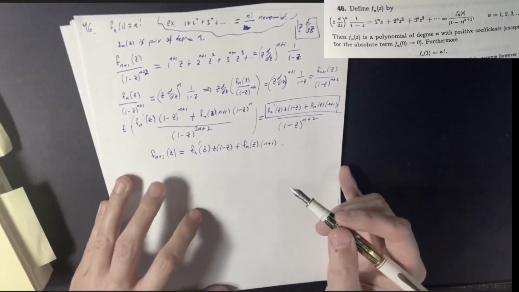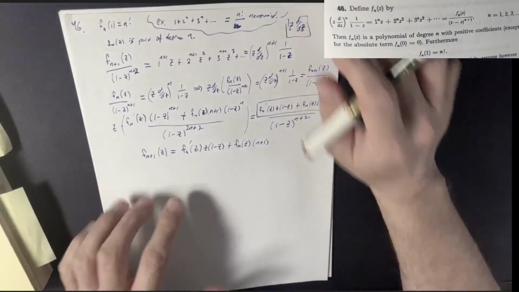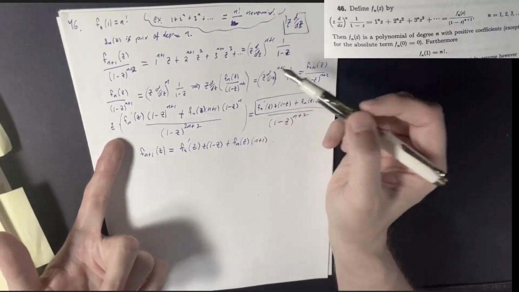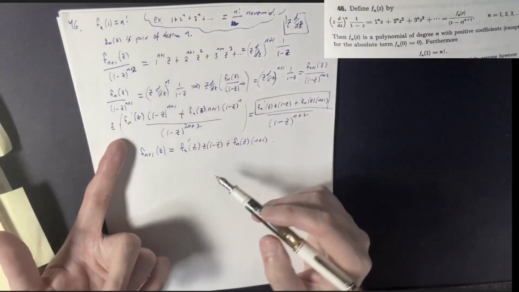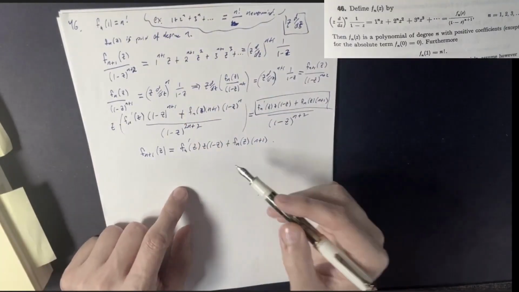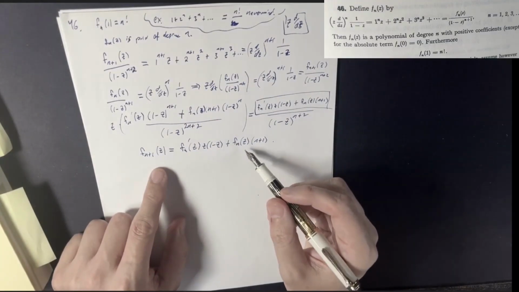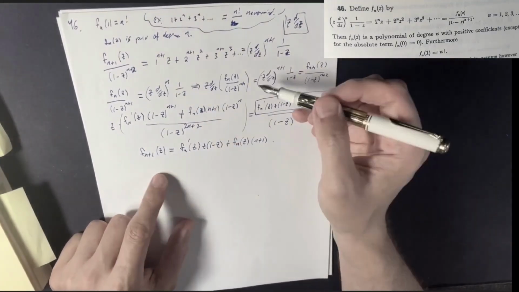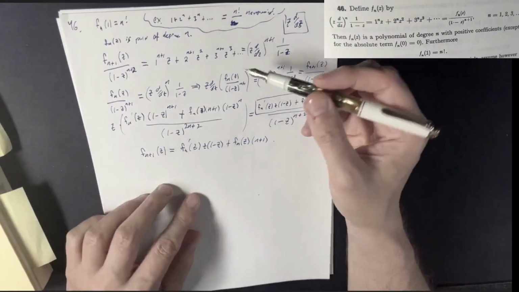And so I guess our quest was to show that this is a polynomial of degree n. And also, when you plug in 1, we're trying to see that you get n factorial. But we also know, let's see, we could do f_0 of 1, probably.